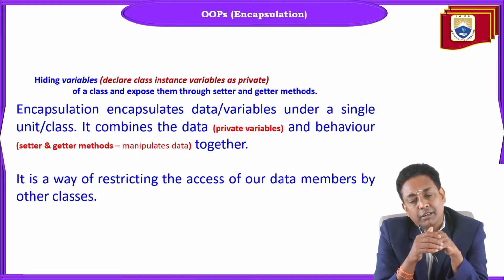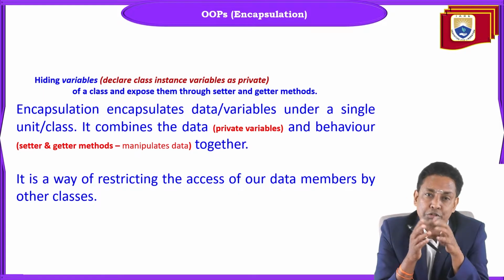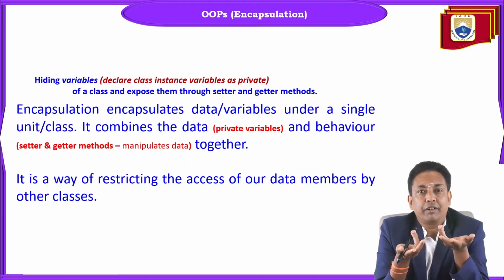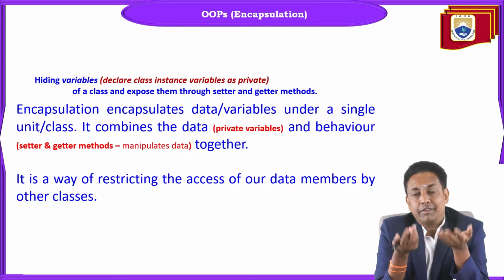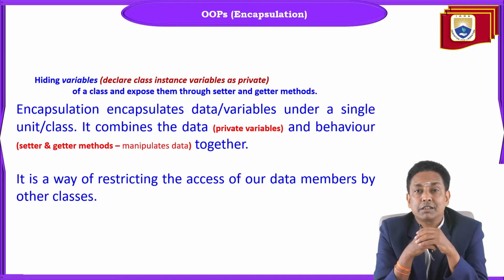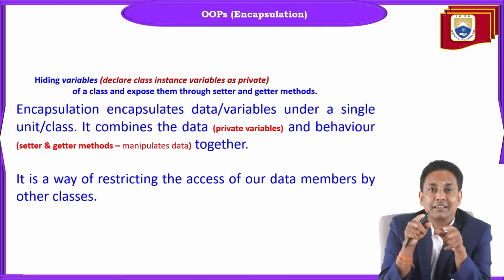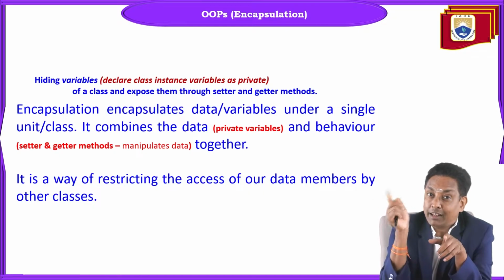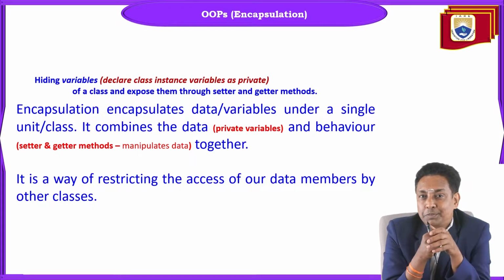Suppose you do that, then what is the use of writing the Employee class, and what is the use of declaring those variables if they are inaccessible outside the class? Then who can access those variables? Only that class's members can access those private variables.